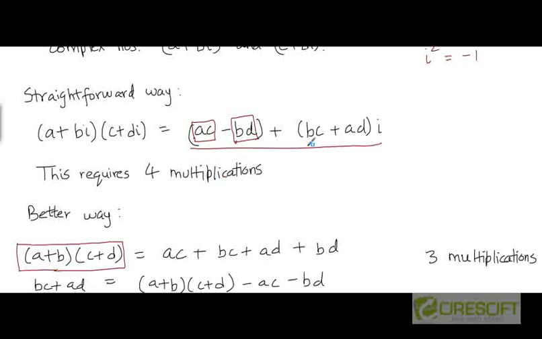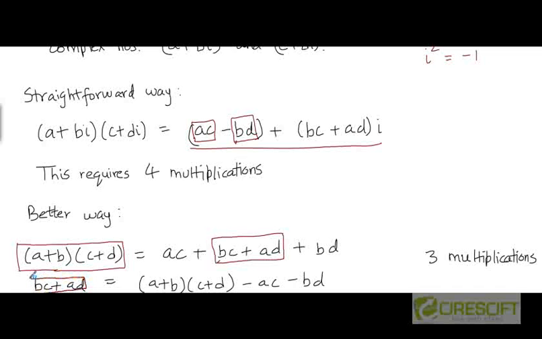We can generate bc plus ad directly, because bc plus ad can be written as a plus b times c plus d minus ac minus bd, and if we have already calculated these 3 terms via 3 multiplications, we won't need to do an extra multiplication to compute bc plus ad.